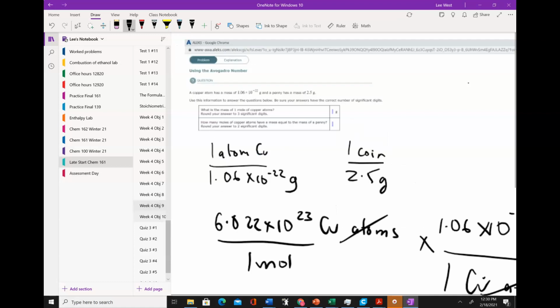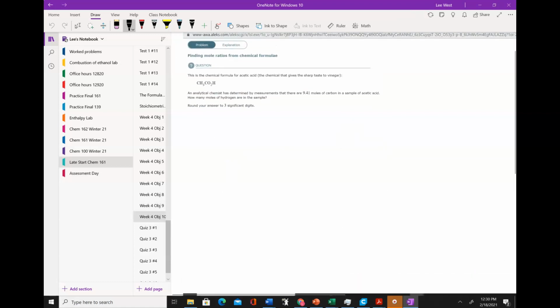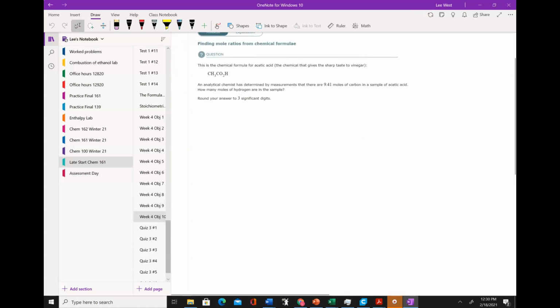Okay, next one. An analytical chemist has determined by measurements that there are 9.41 moles of carbon in a sample of acetic acid, and here's the formula for acetic acid. How many moles of hydrogen are there in the sample? So what we want to recognize is that this is about a mole ratio, right?